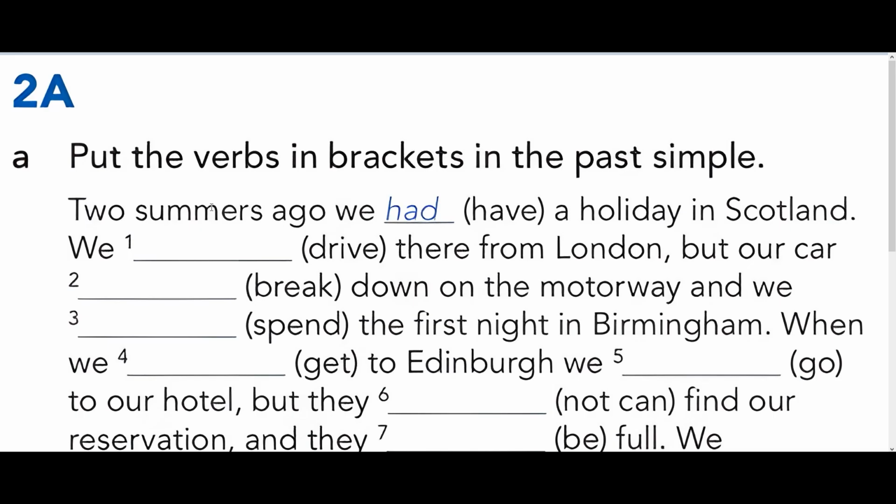Now let's work with these exercises together, yeah, with me. Part A, put the verbs in brackets in the past simple. Two summers ago we had a holiday in Scotland. It's a regular verb. So I put, we drove there from London, but our car broke down on the motorway, and we spent, it's also regular, spent the first night in Birmingham.